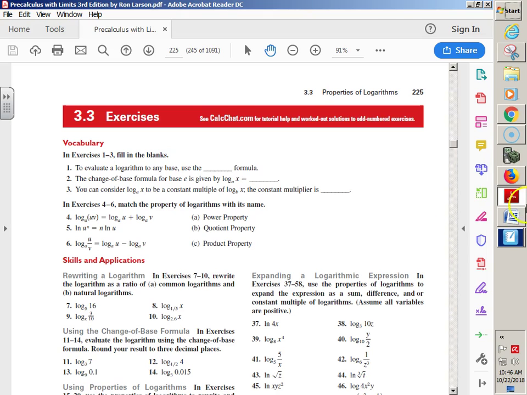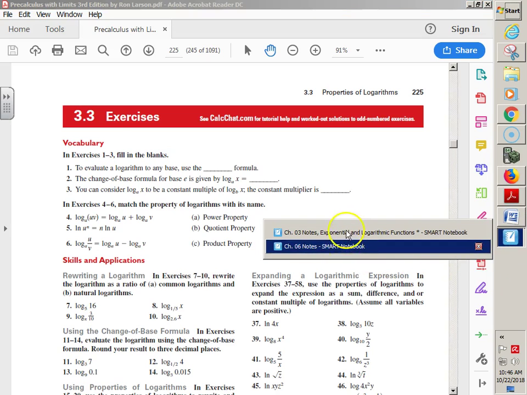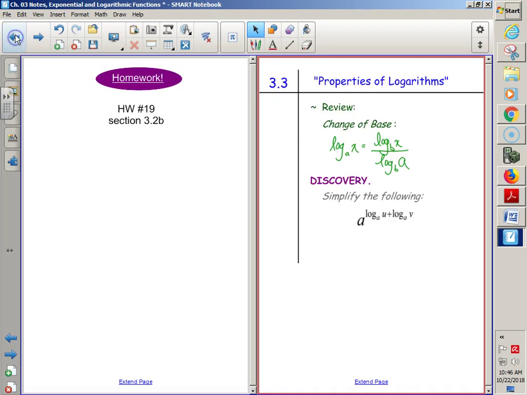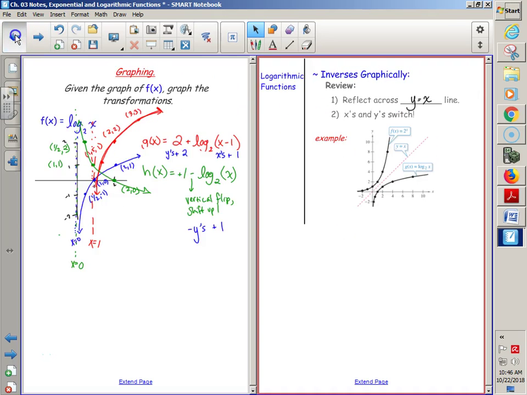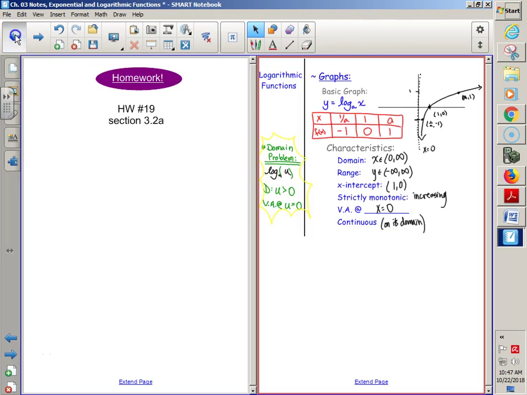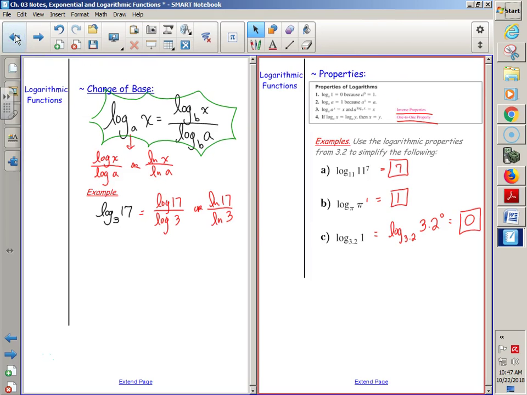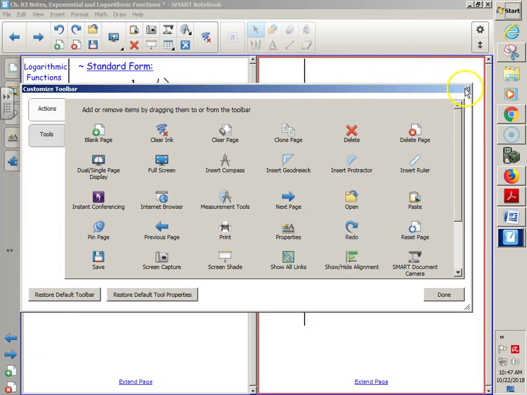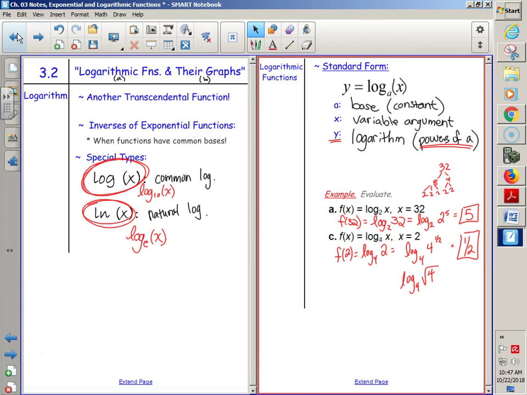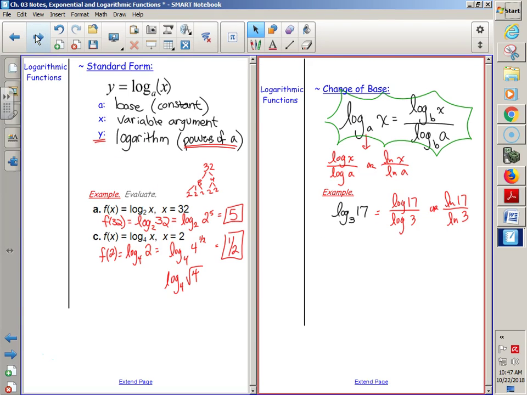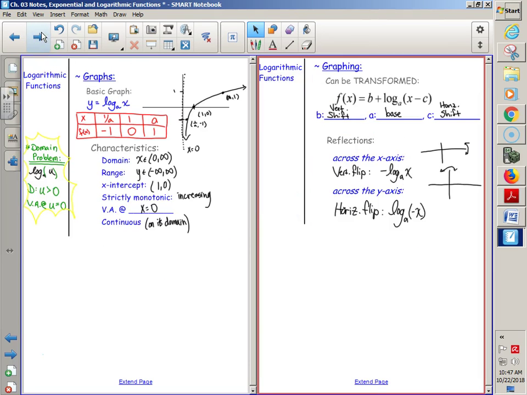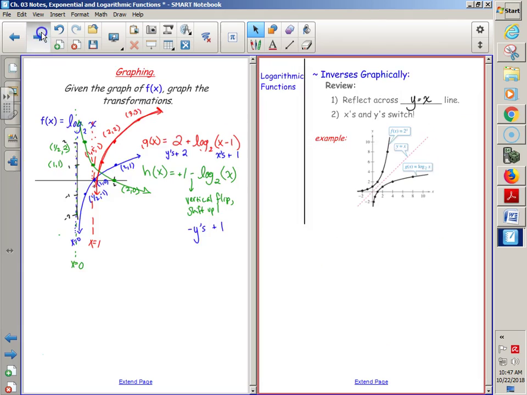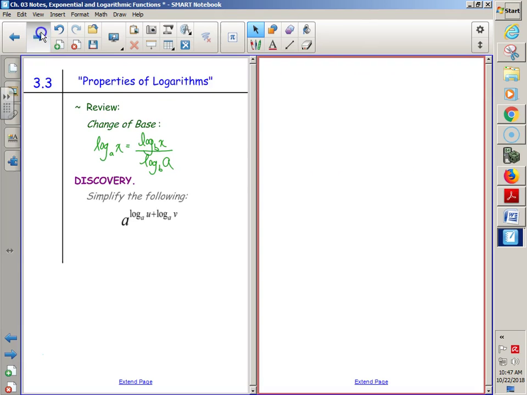Section 3.3. But I did just say a second ago that I did want to write down, okay, let's peek back in section 3.2. Trying to find a good place to put it. Back in Algebra 2, you guys did learn how to transform from exponential to logarithmic and from logarithmic to exponential forms.